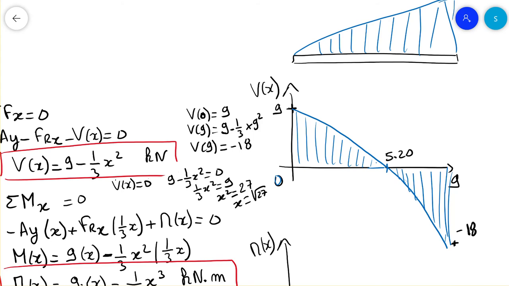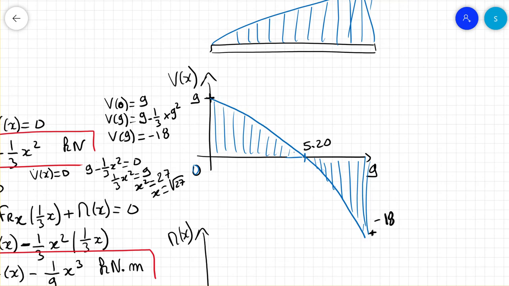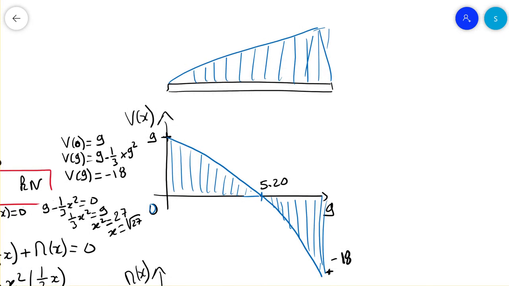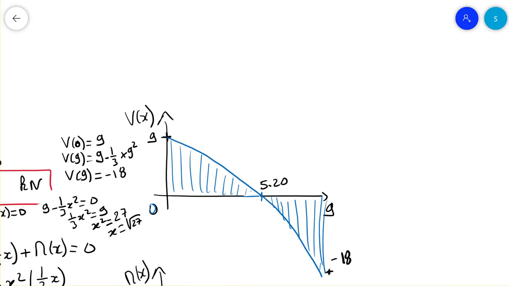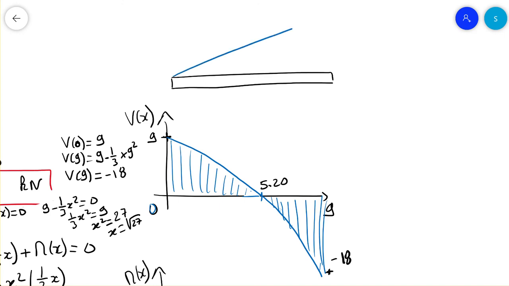We cannot really guess that the shearing force will be so different than the initial loading force. Let me do it better. And we have a 9 and we have the 18.